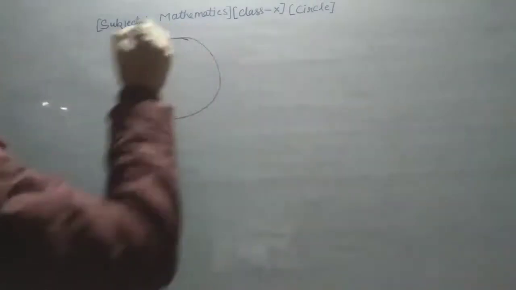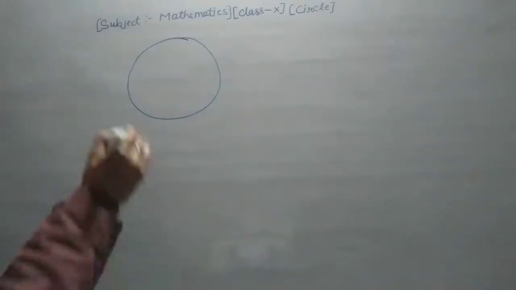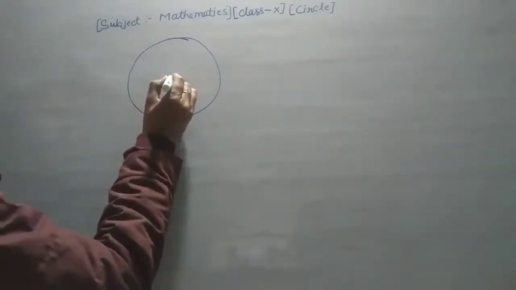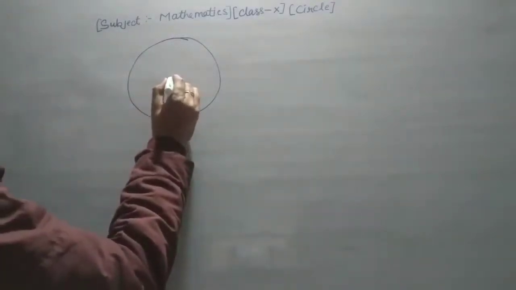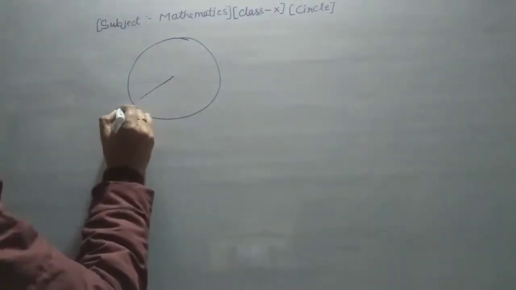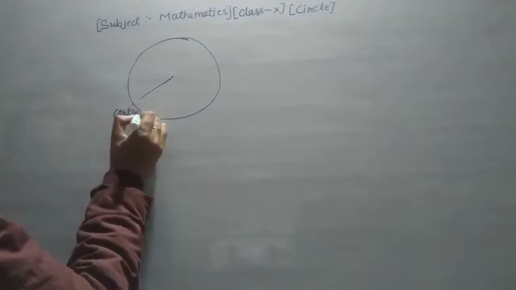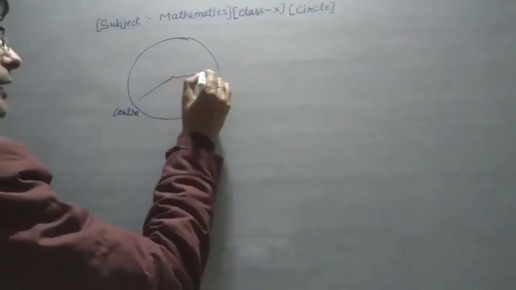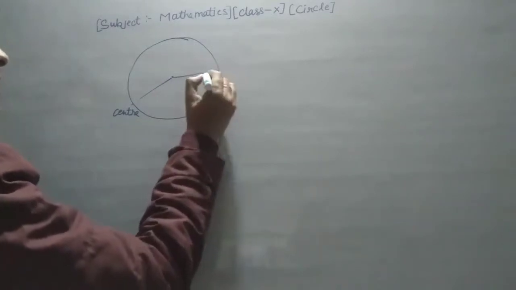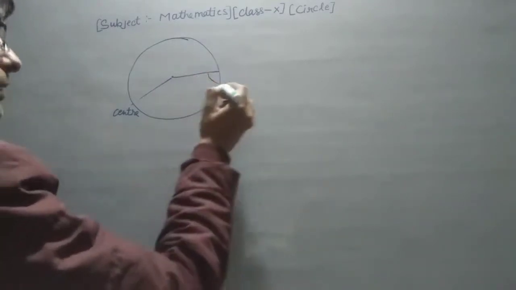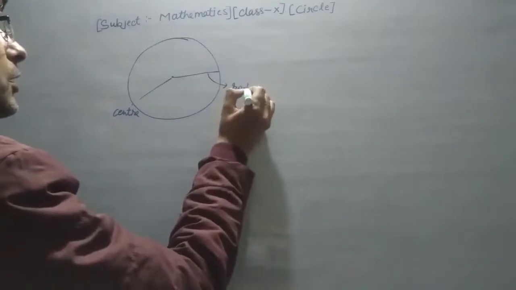definition. This is a circle here, and in this circle you very well know this is a fixed point, and this is known as the center. This fixed distance is known as the radius.